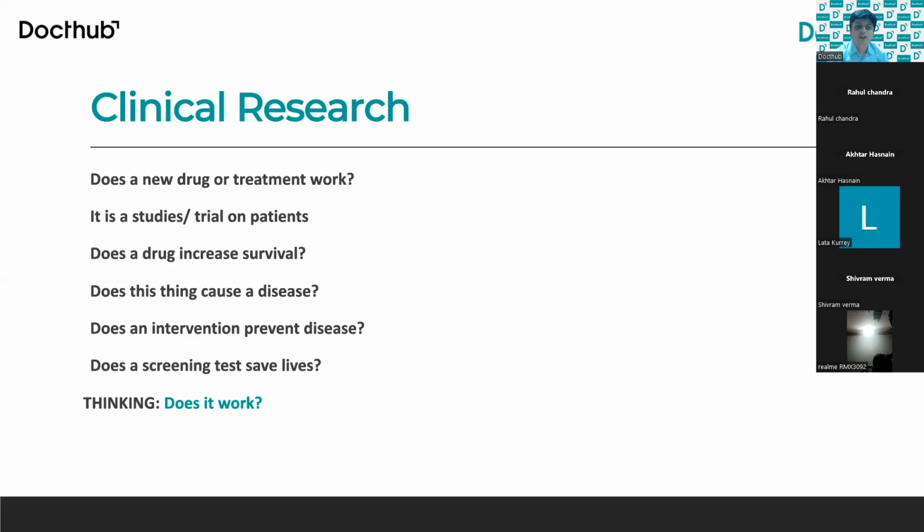You are trying to find answers to: does the drug increase the survival rate, does it cause any disease or complications or not, does an intervention prevent a disease, and does a screening test save lives? These are 4 questions which I put as examples to explain the approach. In clinical research, you are trying to identify such kinds of questions.